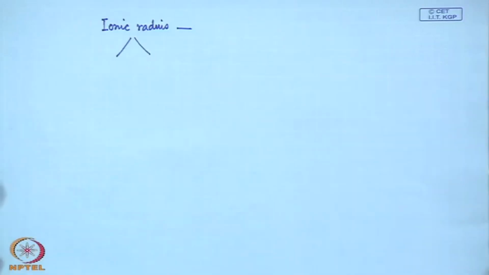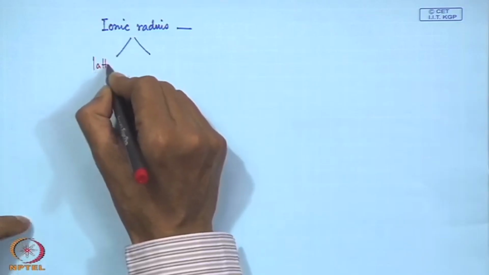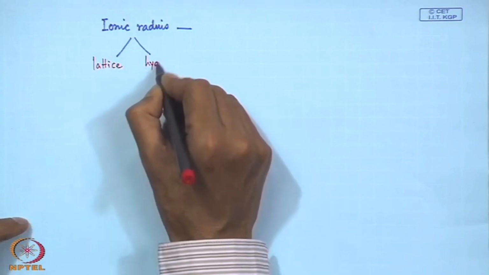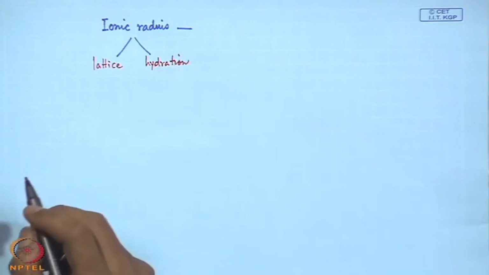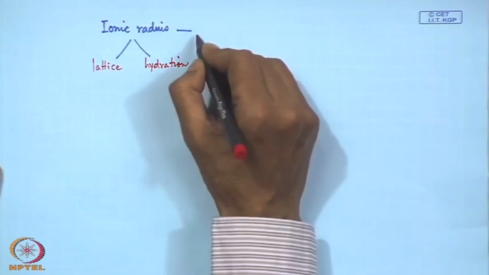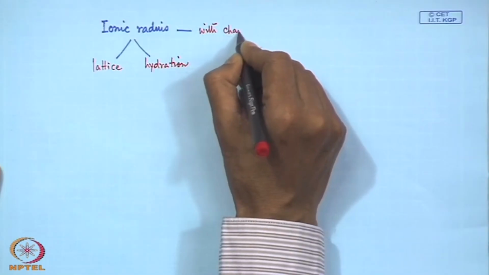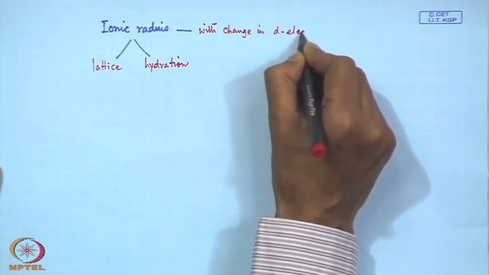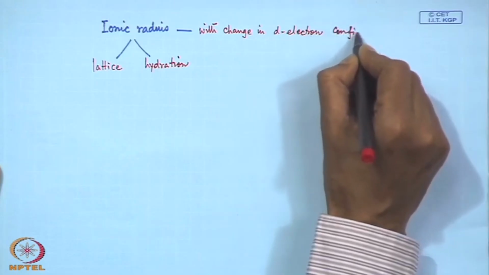What we have seen for the lattice energy and the hydration energies is that definitely the ionic radius is changing with the change in d electron configurations.